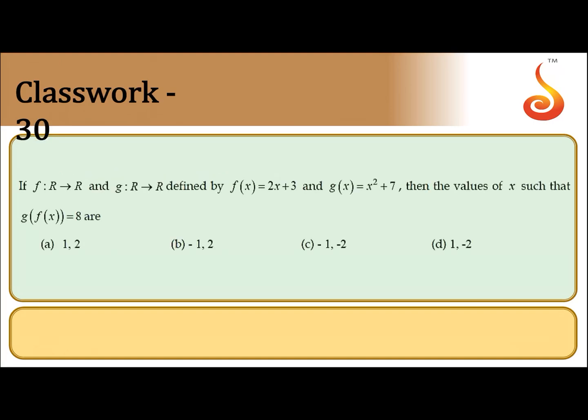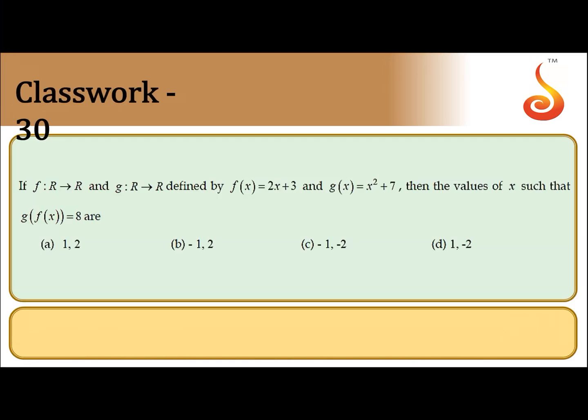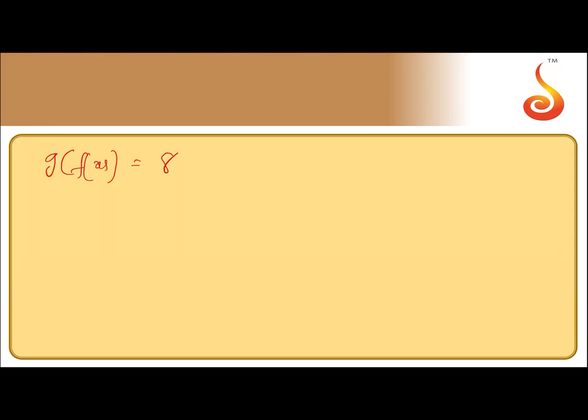Coming to the next one. You are given a function f and a function g, and find the values of x such that g of f of x is equal to 8. So you are given that g of f of x is equal to 8. But what is f of x? It is 2x plus 3. So therefore, we get g of 2x plus 3 is equal to 8.